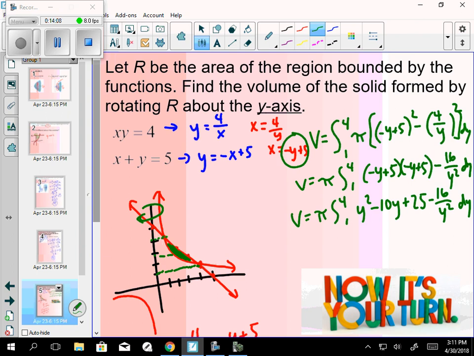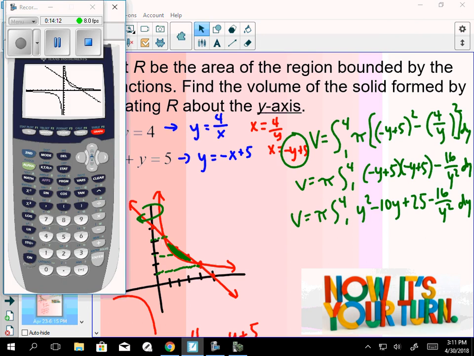Then we want to keep solving here. On this one, let's use calculator to kind of see what we get. Remember, you can do these y ones just like you would with x with the calculator. To calculate it out, you just got to put x in the calculator. So I'm going to get that integral. We're going to do it from 1 to 4. I'm not going to put the pi in.